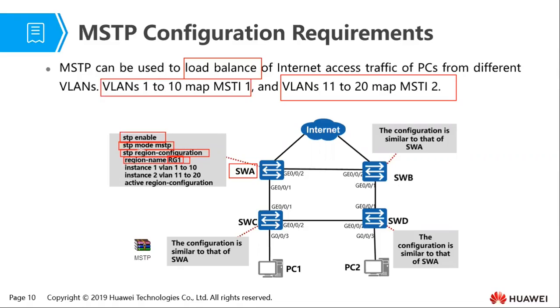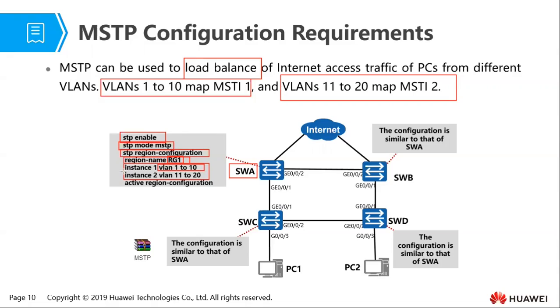Now, it is in a region that you can create MSTIs. The command to create an MSTI and to map an MSTI to a VLAN is this one. Instance 1. So here we are creating MSTI 1. Then we are linking VLAN 1 to 10 to MSTI 1 like that.